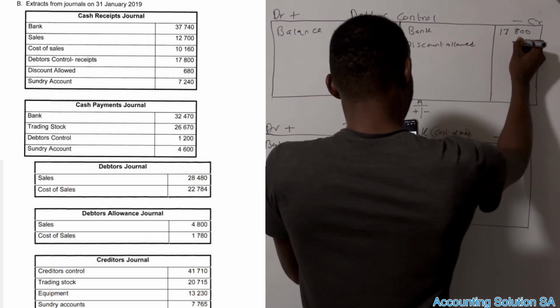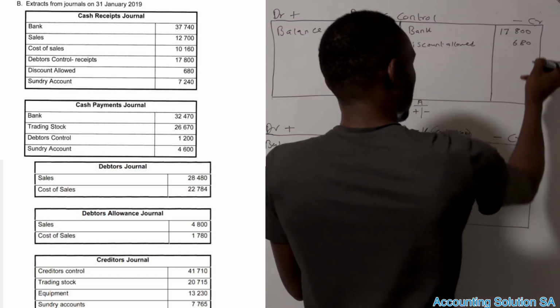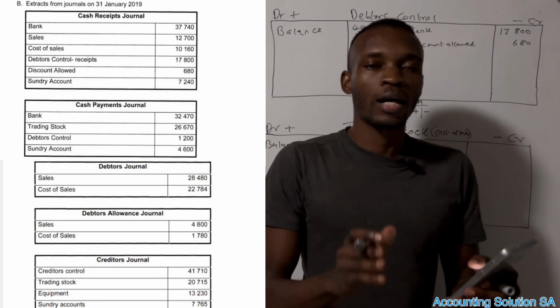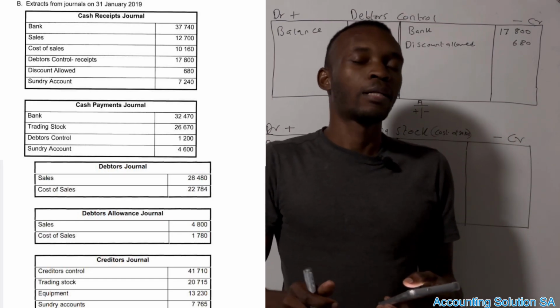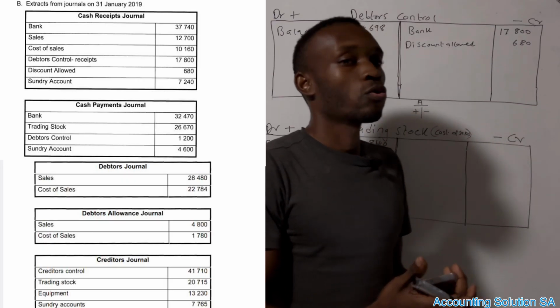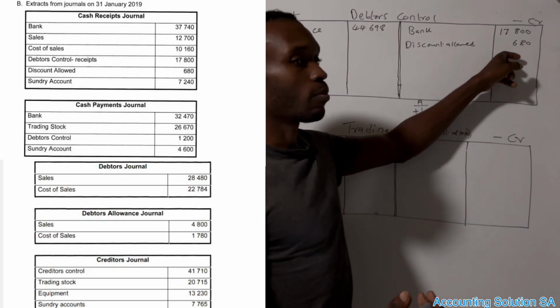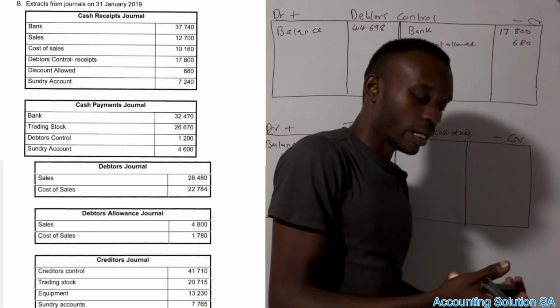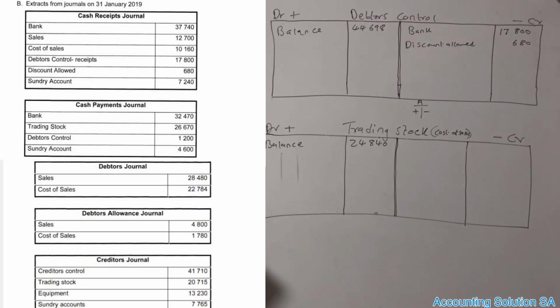It's an amount of 68. Guys, if they say something is costing 100 rand and they say but pay 80 rand, which means that 20 rand is a discount. It's reducing what? The amount that we were supposed to pay. That's why we credit. Okay, the next one.